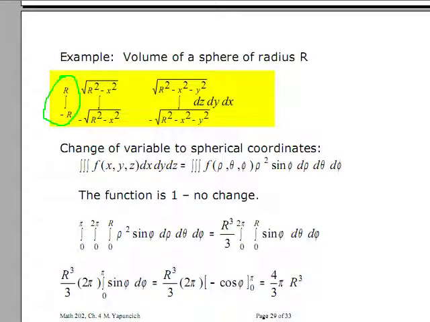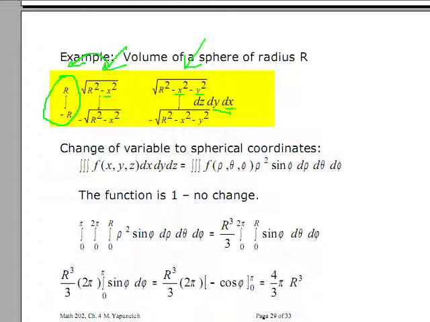Then you project the figure into the xy plane and find the limits for y in terms of x, because that's the only remaining integral beyond it. And then you find the limits in z. You do it by drawing lines through the figure and finding where it enters the region and leaves the region. And remember, z can depend on the other two variables, x and y, and it does, but y can only depend on x, and that's the only dependence it has.